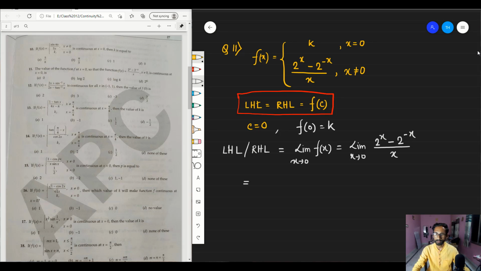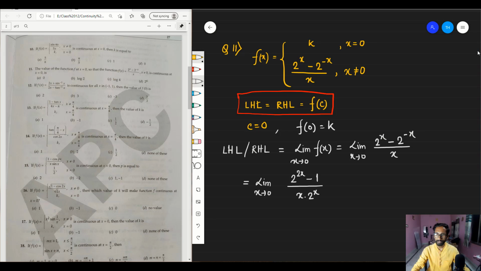Now to simplify this, first we will write it this way: (2 to the power 2x minus 1) divided by x into 2 to the power x. We have multiplied numerator and denominator with 2 to the power x. So the first term will become 2 to the power 2x, the second term will become 1, and the denominator is x into 2 to the power x.